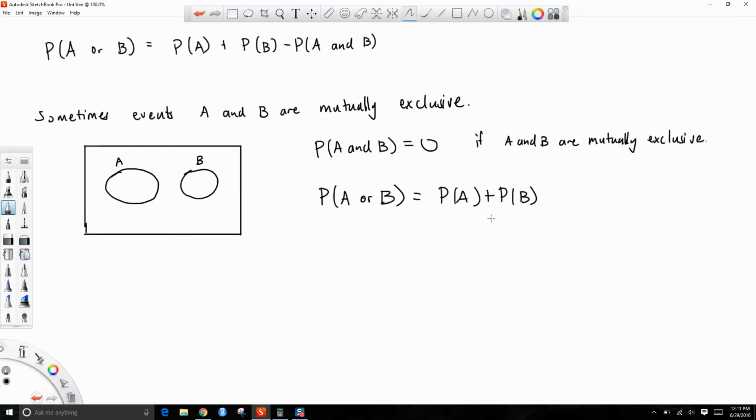Okay, and this is useful because I could ask something like, if we draw a card at random, what's the probability that I get a heart?